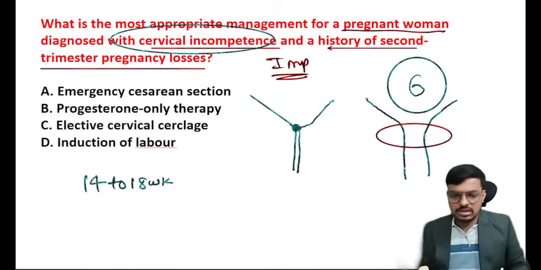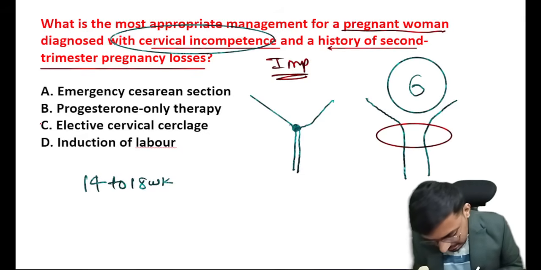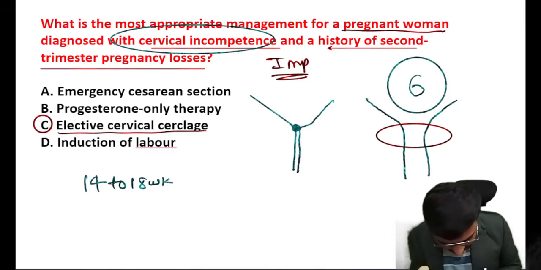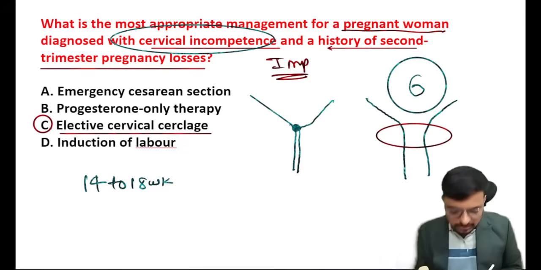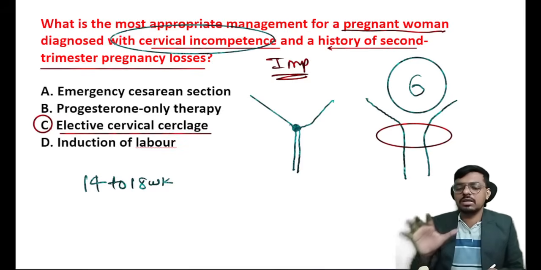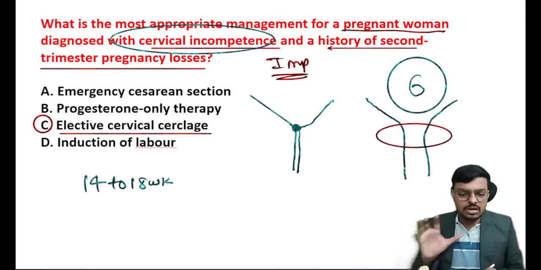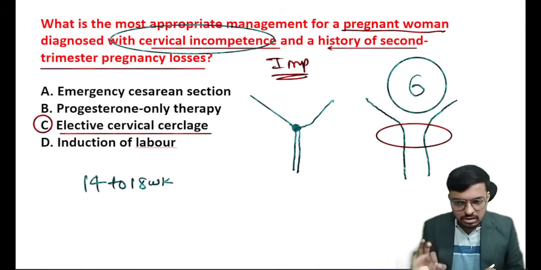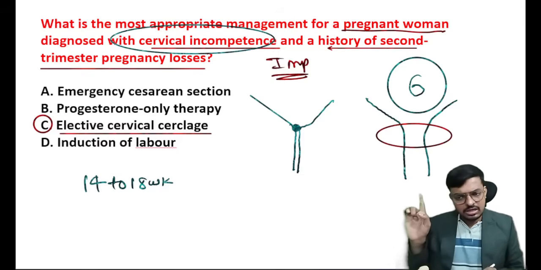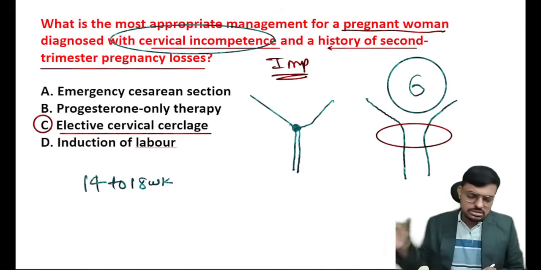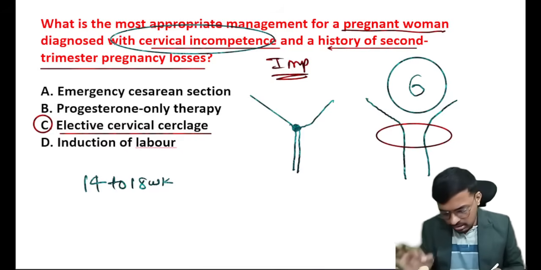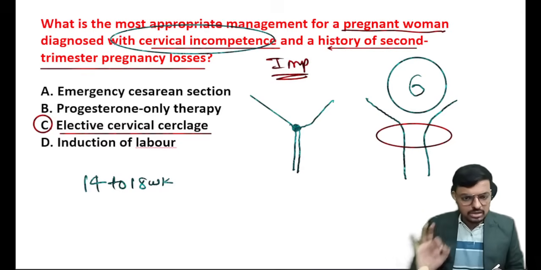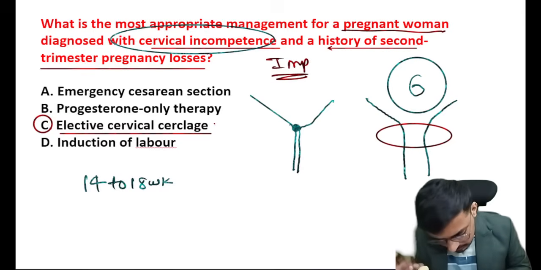This is what we call elective cervical cerclage surgery. It is done in case of recurrent second trimester pregnancy loss due to cervical incompetence, and also when recurrent preterm labor is happening. In such situations we do Shirodkar and McDonald types of elective cerclage surgery.